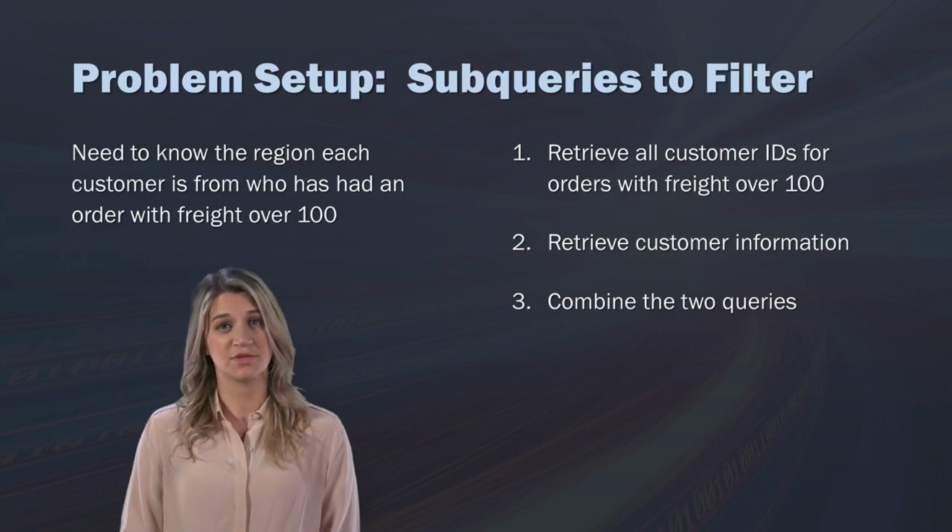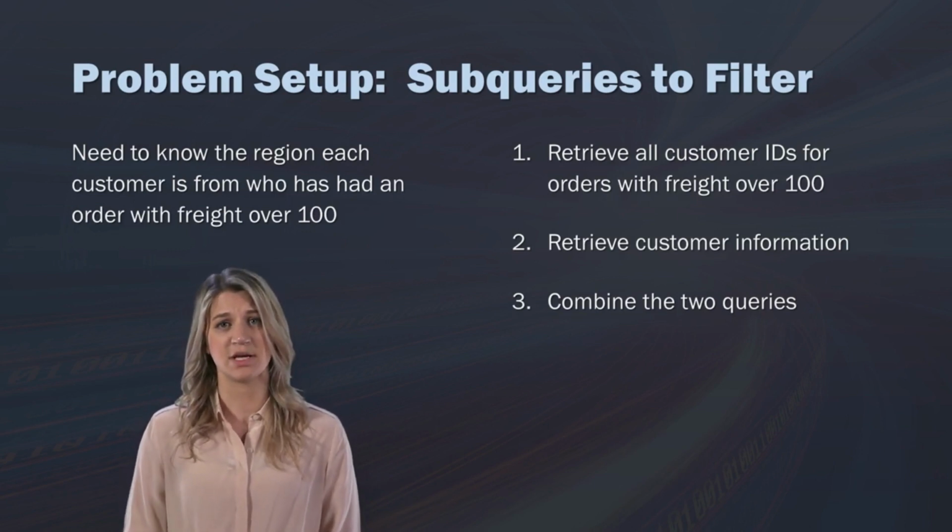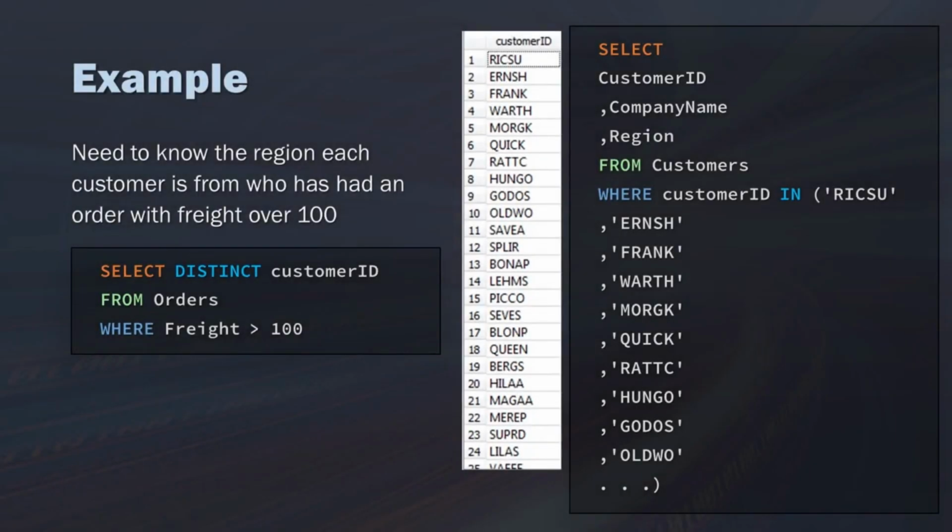Clearly, this is quite a few steps, and we always want to limit these and make things as simple as possible in SQL. In this example again, you can see we pulled our customer IDs where freight is over 100. Then we do another query to get the company name and the customer's region, and now combine the list of those customer IDs into my other query, which had my customer information.